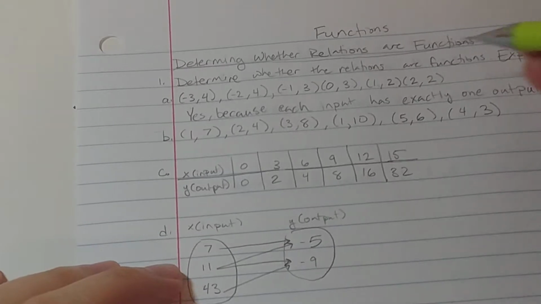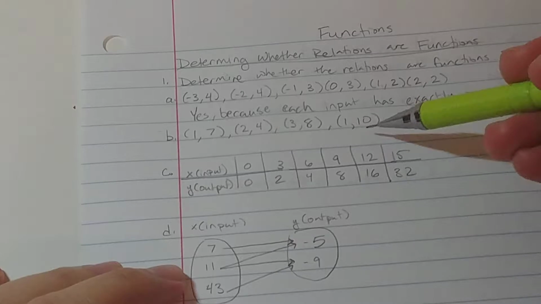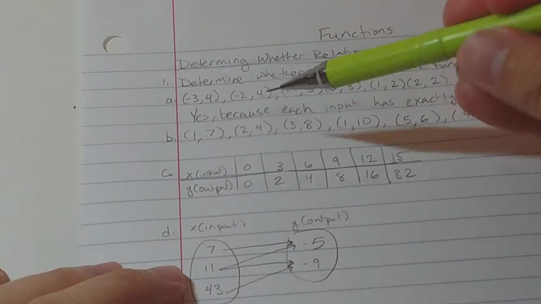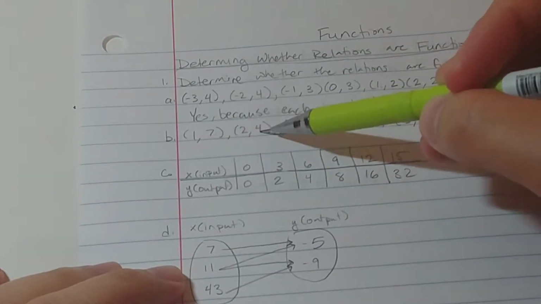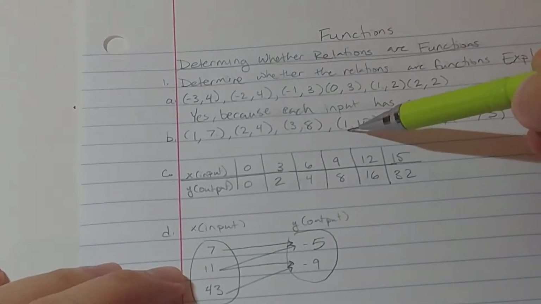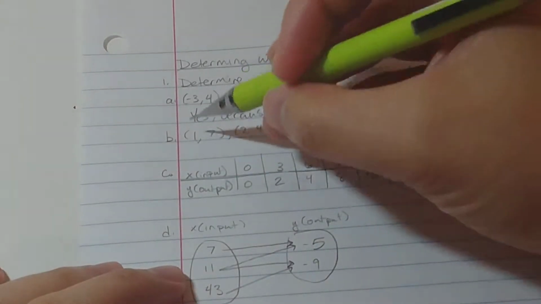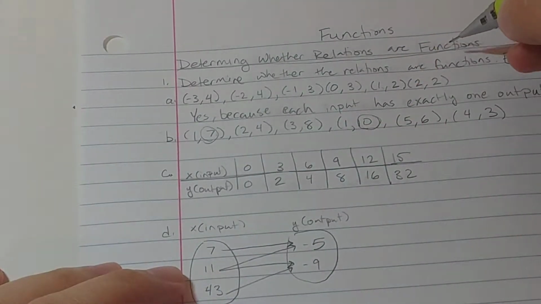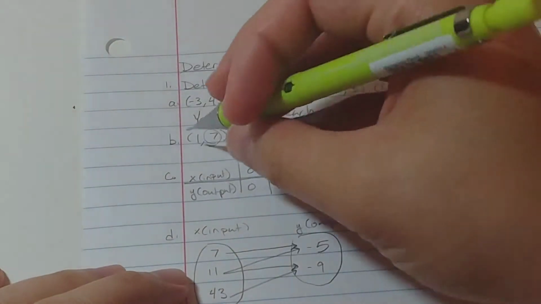All right. And for the next one, we have (1, 7), (2, 4), (3, 8), (1, 10), (5, 6), and (4, 3). Okay, so 1 has only one output, 2 has only one output, 3 has only one output, 1, wait a minute, I thought I said 1 before. I did. So 1 has an output of 7 and an output of 10. So this tells us that 1 has more than one output.